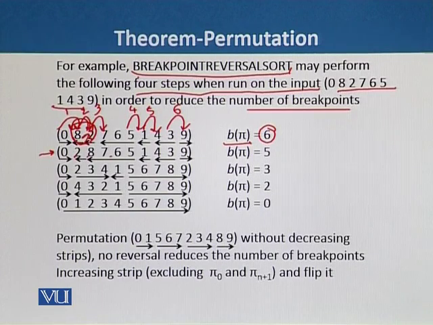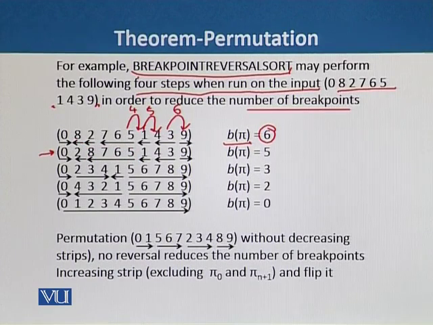So by reversing this order, we can see very clearly that when 8 comes into this position, it will become the strip of 5, 6 and 7, and 8 will automatically be added to this strip.